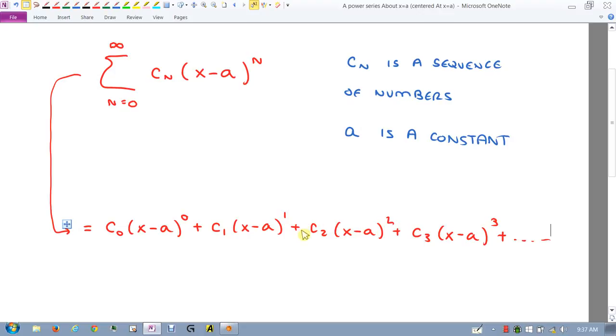The question becomes, if everything in here is defined, so somebody has told you the c sub n, so you know how to get all these c's, c0, c1, c2. So someone has actually defined a sequence in there for c sub n, and somebody has given you an a, right? Then you're going to have a bunch of powers of x here. The question is, for what values of x will this converge?